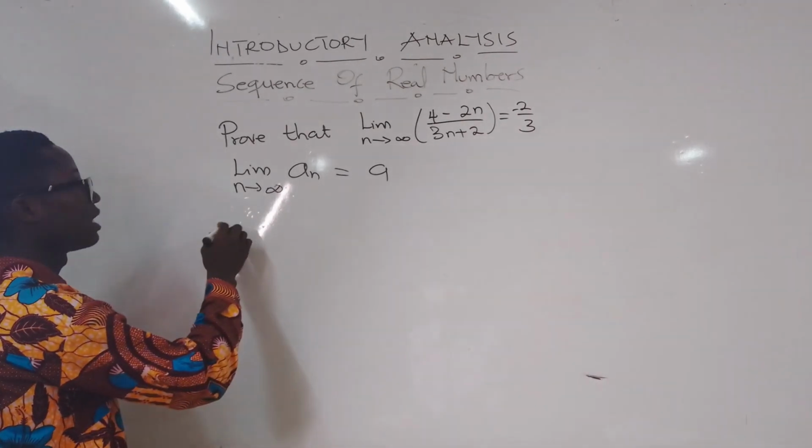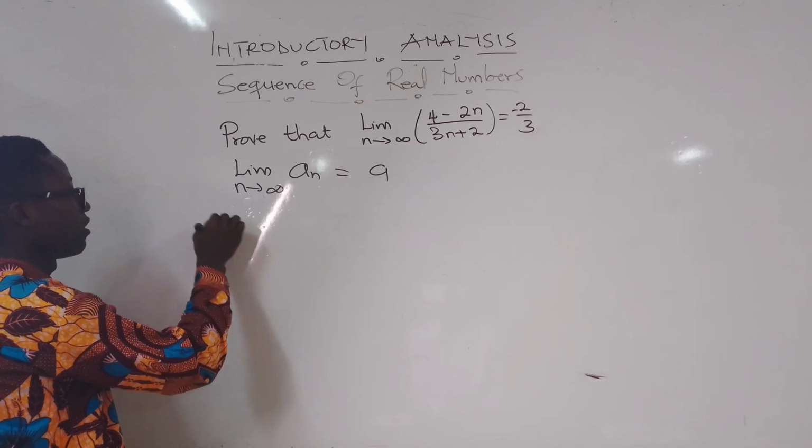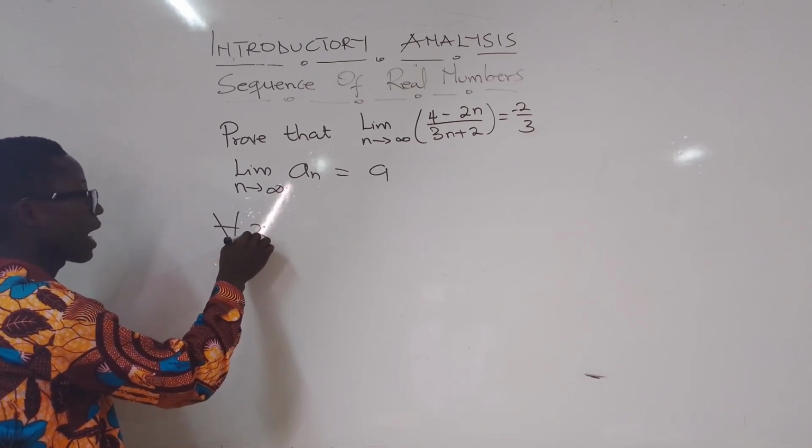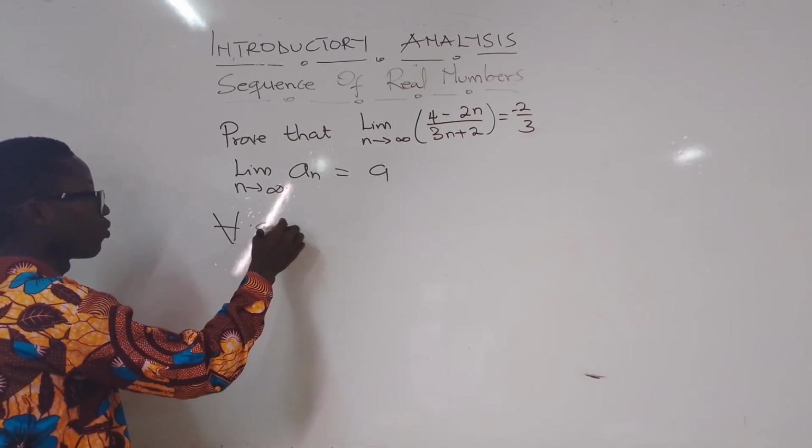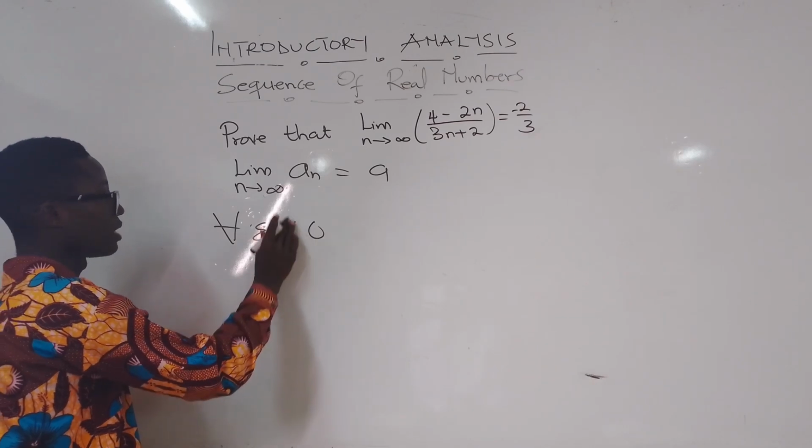We have the definition. You are going to choose a certain number epsilon which is greater than 0.